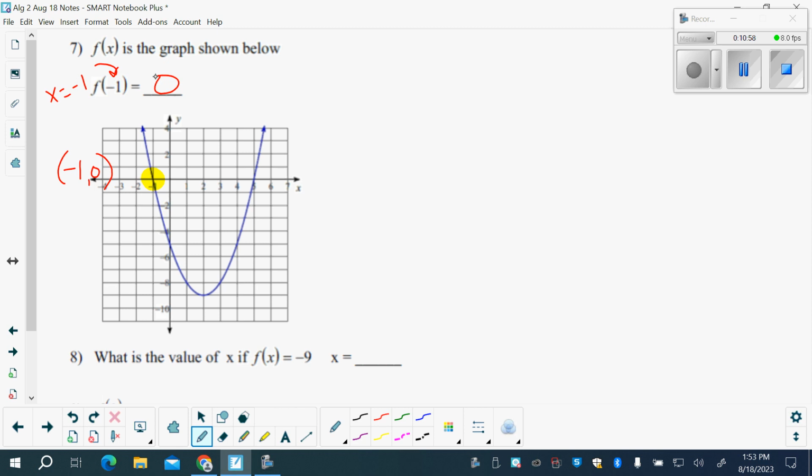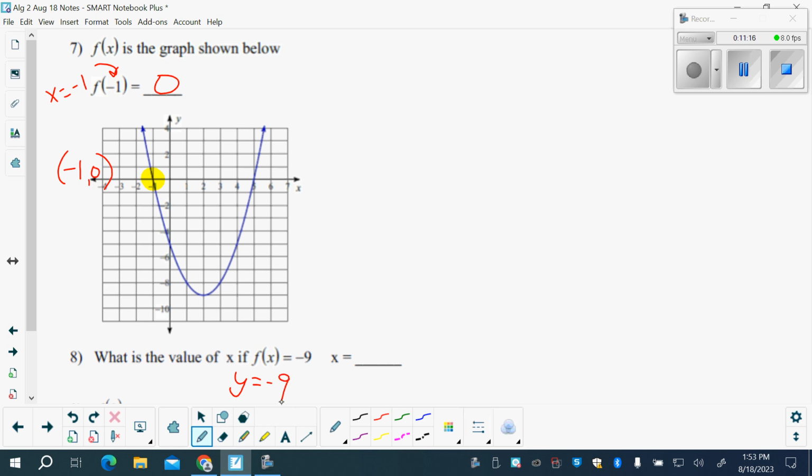So, number 8 asks, what is the value of x if f of x is -9? So f of x represents x or y? Y. So our y value is equal to -9.